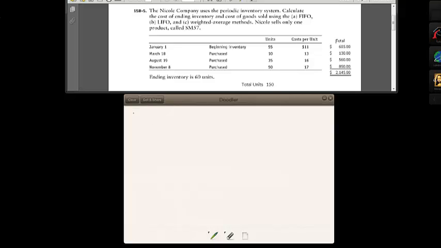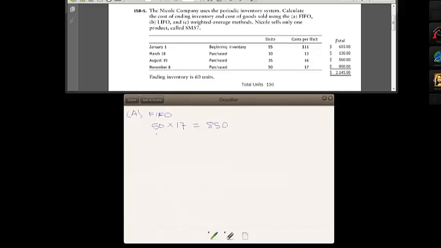So I'm just going to put that here on the screen. FIFO. I'm having a little trouble with my little writing pad here, so I hope you'll excuse that. So 50 of the units at 17 each is 850. So we have 60 units left, so we have to take 10 from the purchase just before the last purchase.